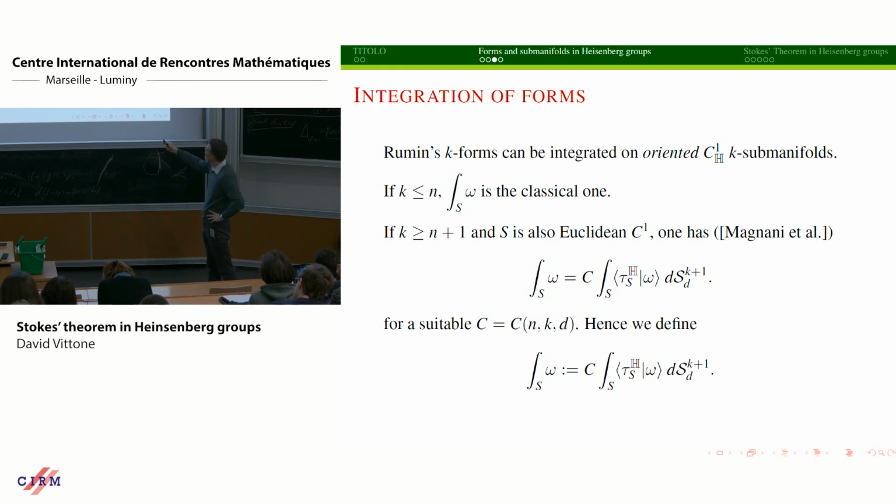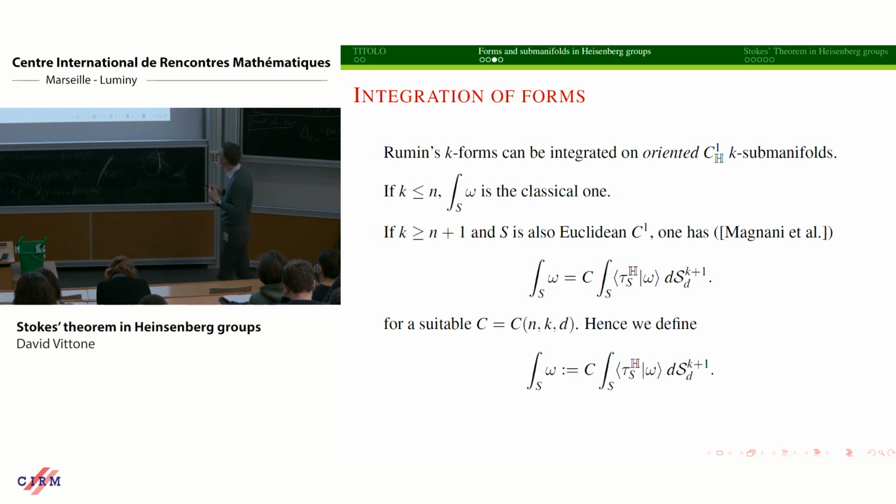Still, one of the good properties of these submanifolds when k is greater than n plus 1 is that they have integer intrinsic Heisenberg sub-Riemannian dimension, which is k plus 1. Again, there is a vertical direction which counts 2. So the topological dimension is k, but the Hausdorff dimension is k plus 1, which is an integer, even if the Euclidean dimension might be fractional.